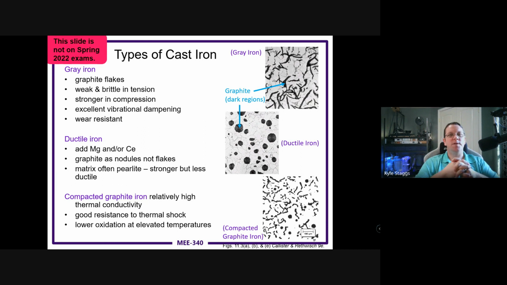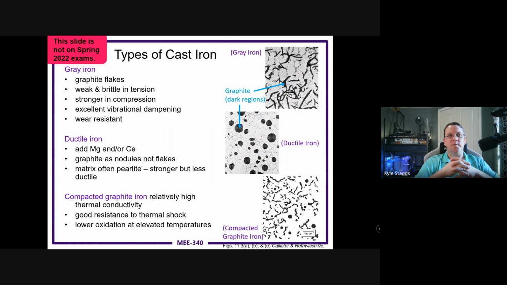So gray iron is pretty common, like things that you see made of iron at Harbor Freight, for instance, are probably all going to be this gray iron type. So good wear resistance, good vibration dampening, really strong in compression. So you can put a lot of weight on them.